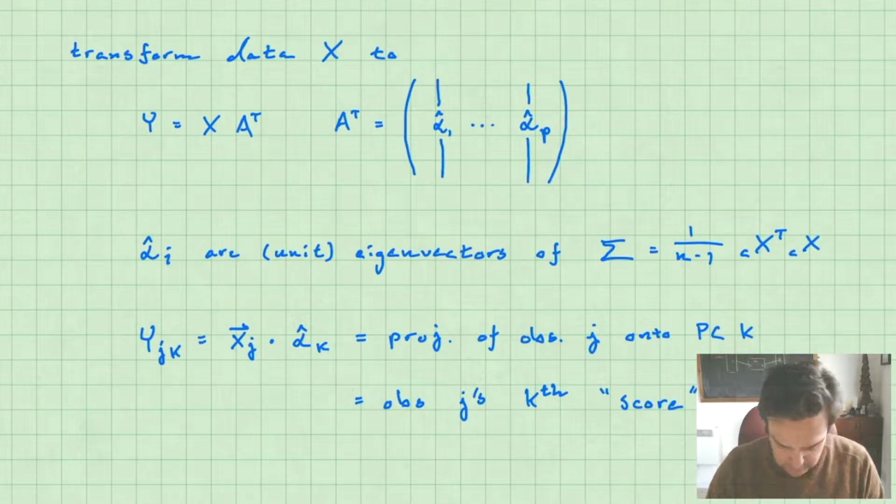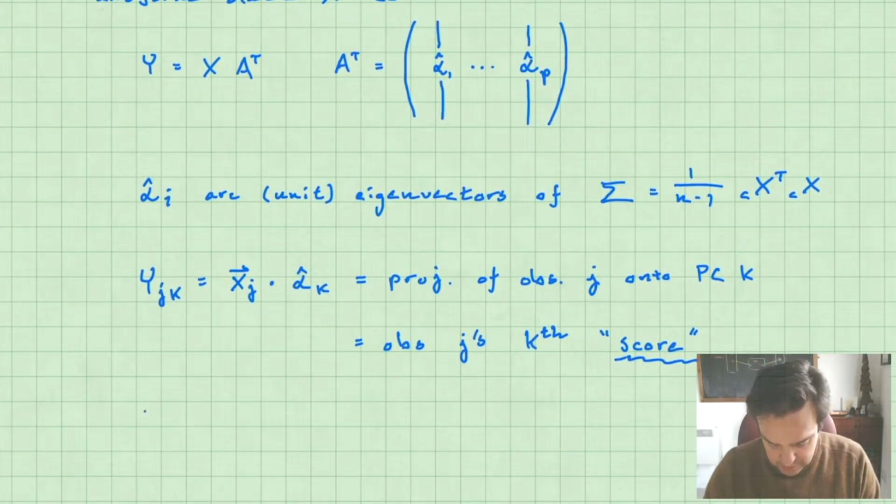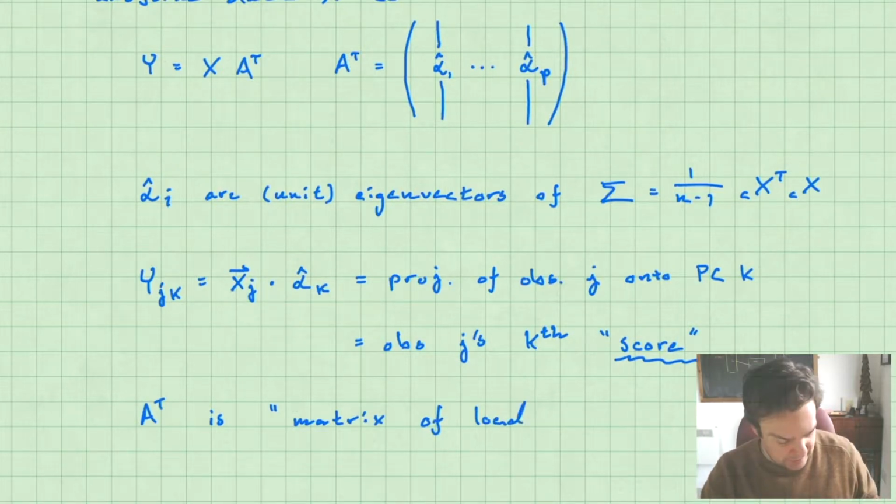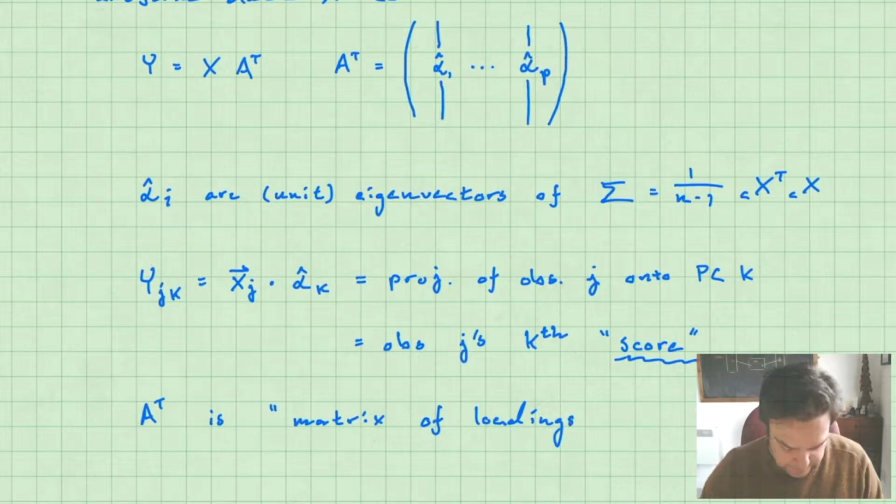And yeah, I did write already, but I'll write it again. So A transpose, or the matrix A by itself, I think people use it either way, is called the matrix of loadings. This is just some terminology. It's also sometimes called a rotation matrix, which makes sense. And I'll just write down the rule about how we order the eigenvalues.